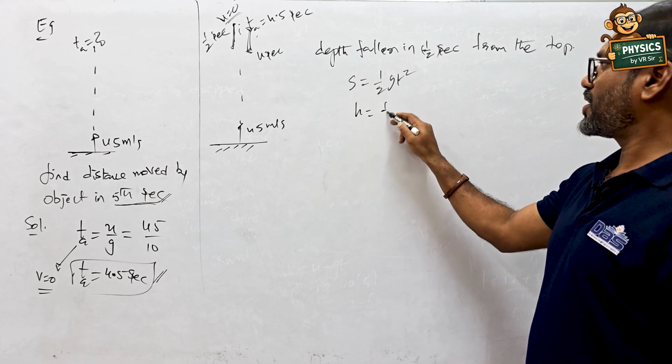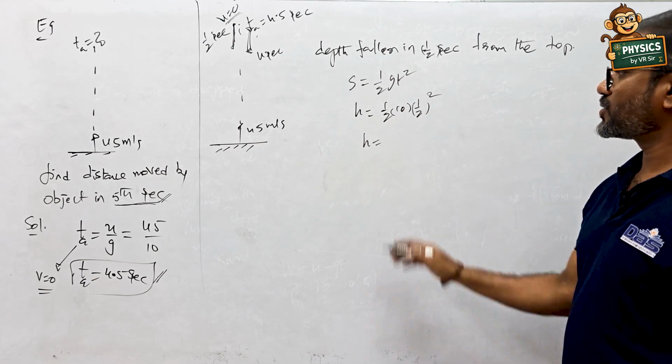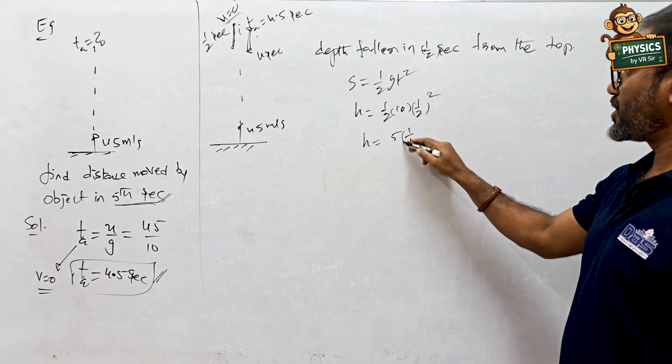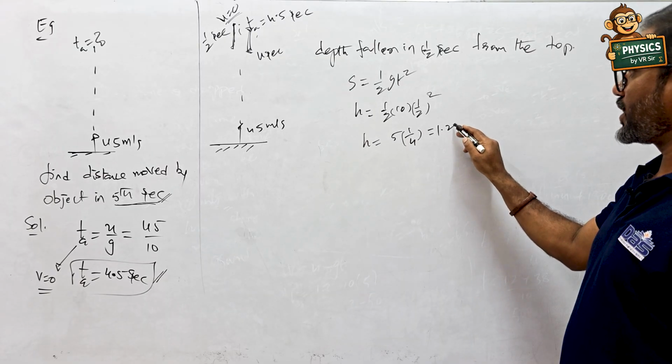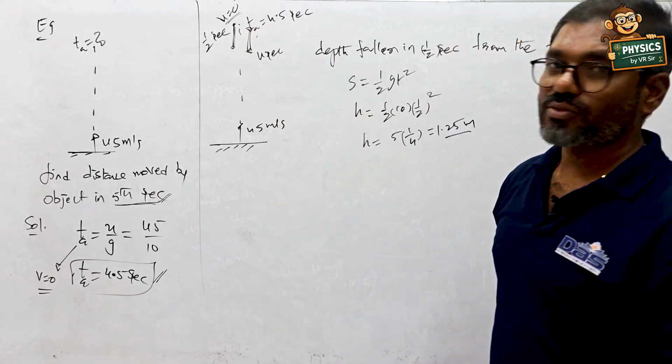So the depth fallen is half into 10 into half square. So h is equivalent to 5 into 1 by 4, which is 1.25 meters. Now the depth fallen in half a second is 1.25 meters.